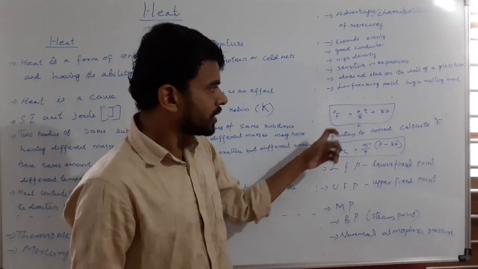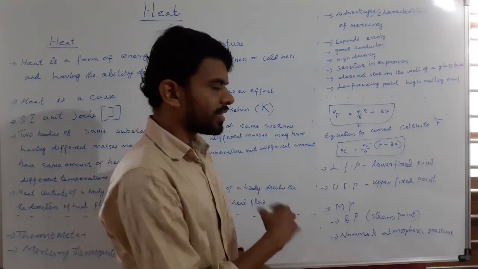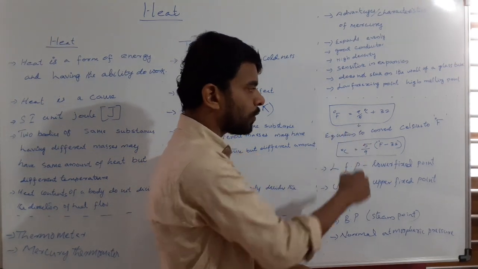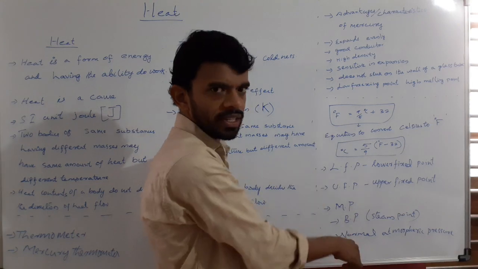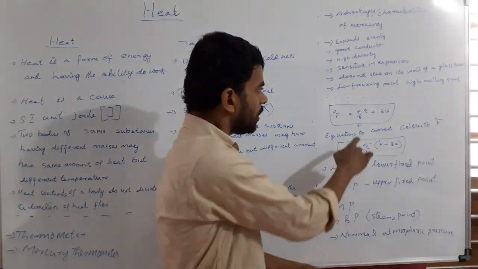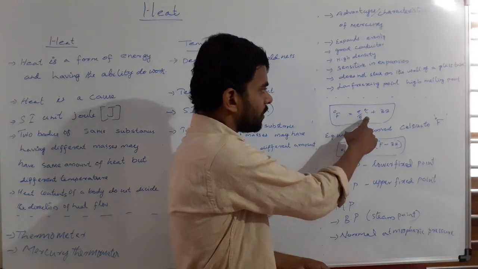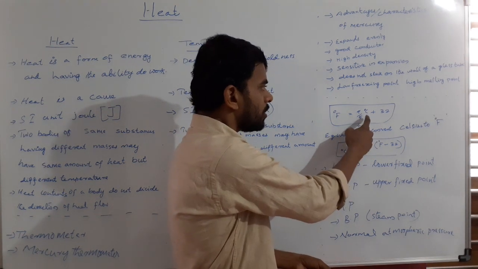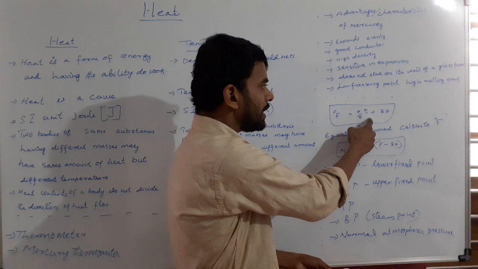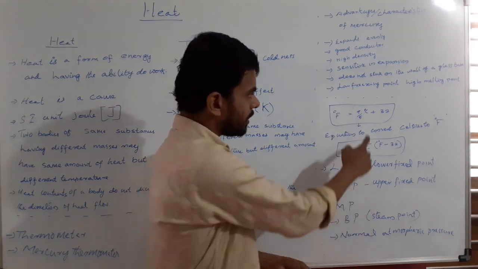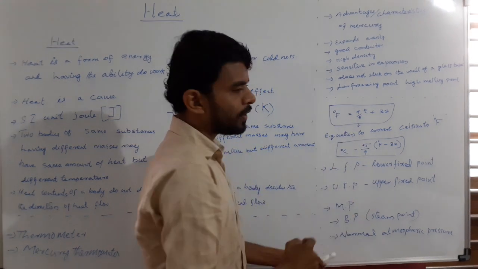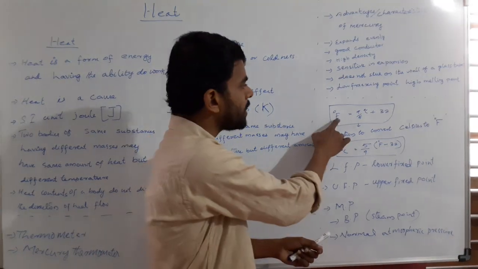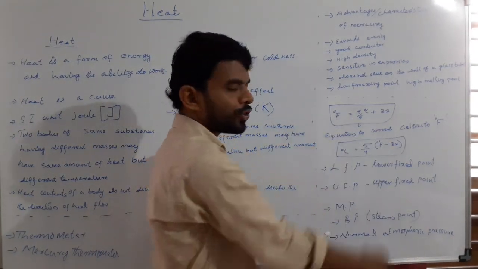Now moving on to yesterday's discussion. I'm revising whatever we learned yesterday. This is the equation to convert degree Celsius to Fahrenheit. If we are provided degree Celsius and asked to find Fahrenheit, this equation should be used.